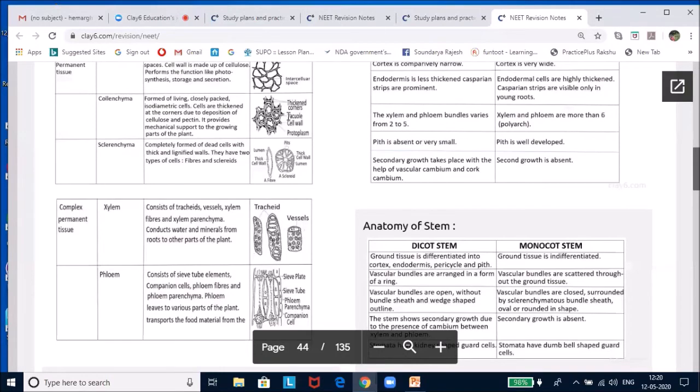Here, the cell walls will have the deposition of cellulose, hemicellulose, and pectin. Here also, cells may be oval, spherical, or polygonal. Intercellular spaces are absent because of the deposition. It provides mechanical support to the plants. Because of these elements present in the cell wall, these provide the mechanical support.